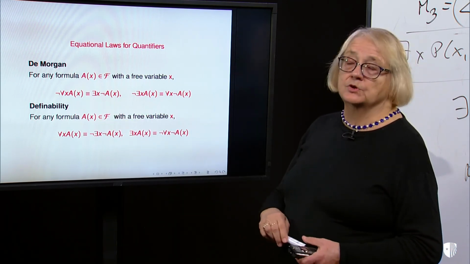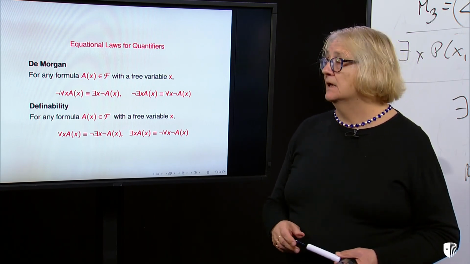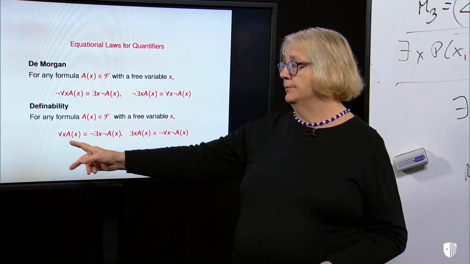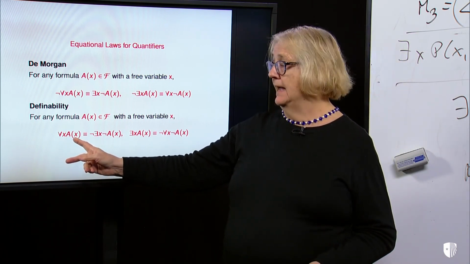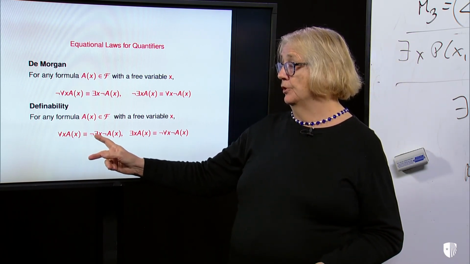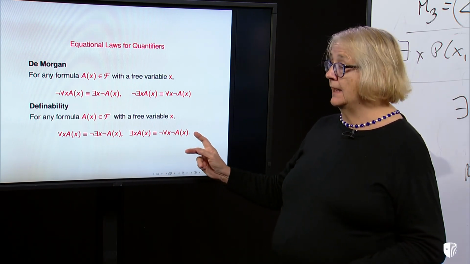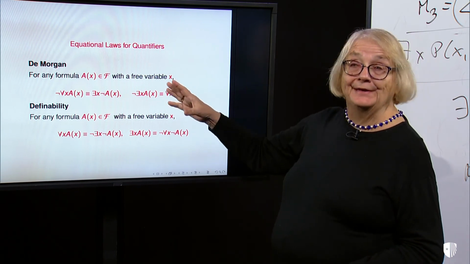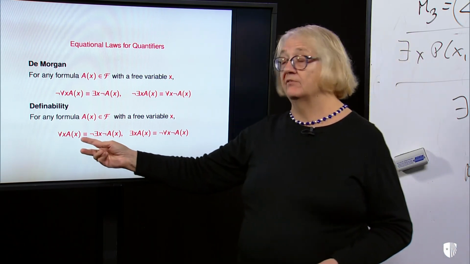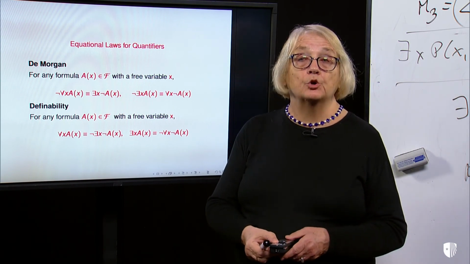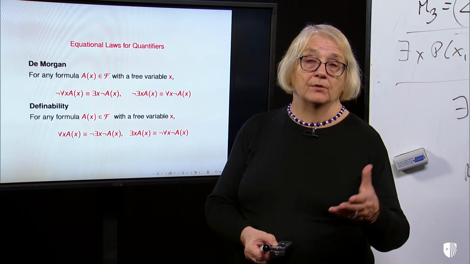And also you have definability of quantifiers through the De Morgan law. You can prove that for all x Ax is logically equivalent to not there exists x not Ax, and the same, there exists x Ax is not for all x not Ax. So it means that really in predicate logic you can have only one quantifier and define the other quantifier in terms of the one you assume.